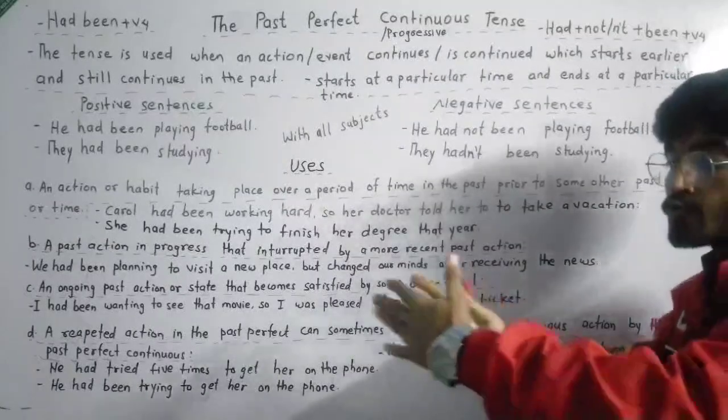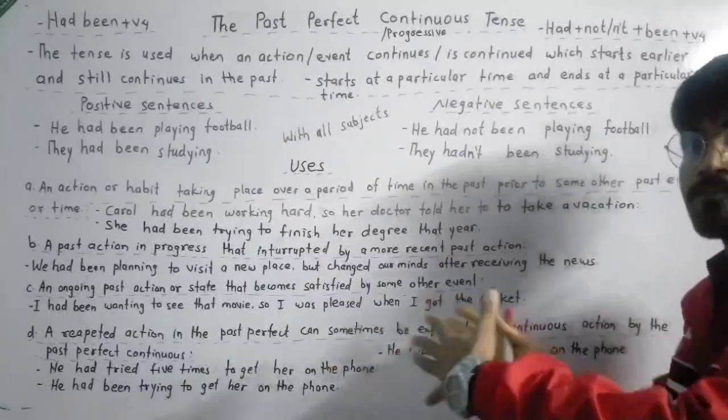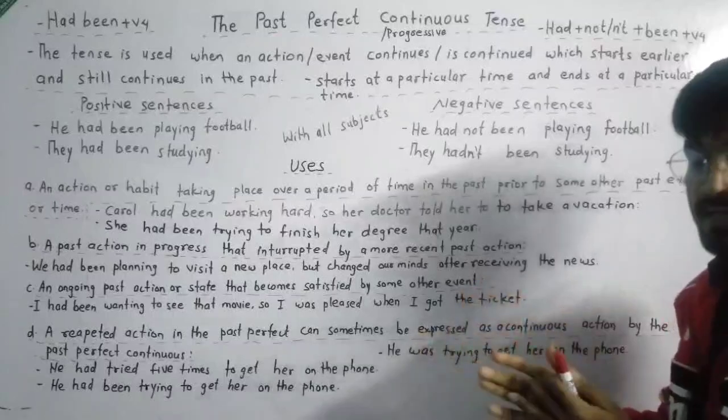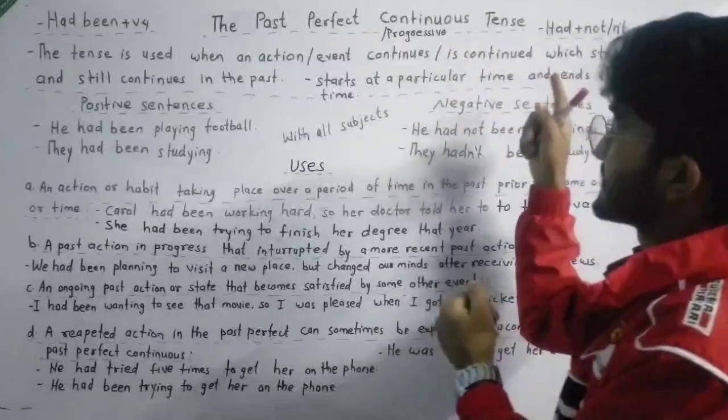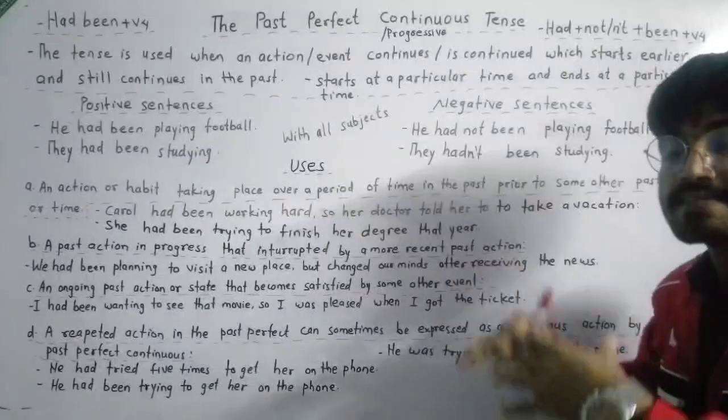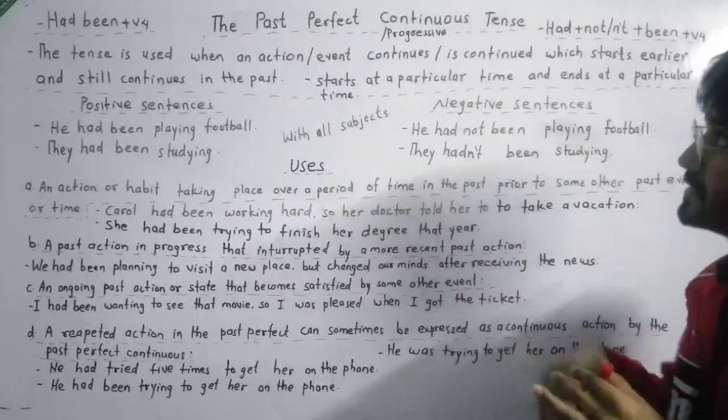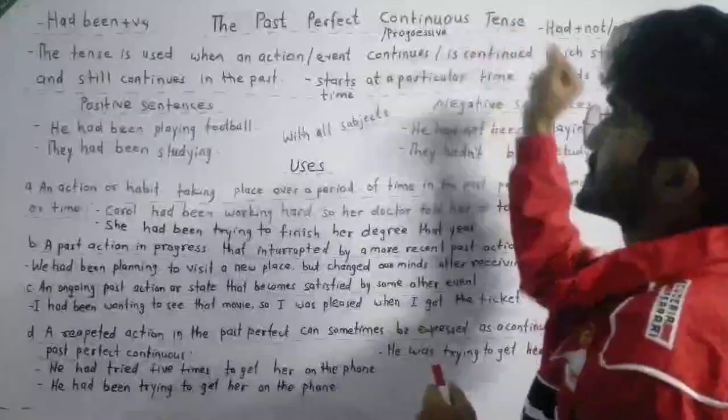It means to show a duration in the past. This is how we can use and define the past perfect progressive tense.